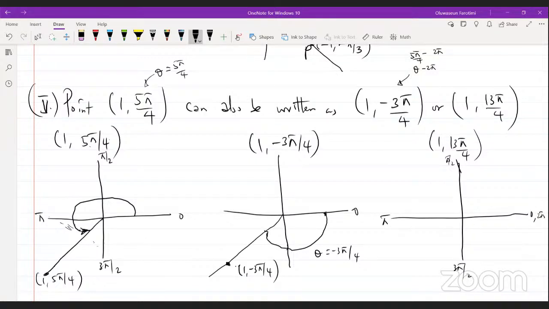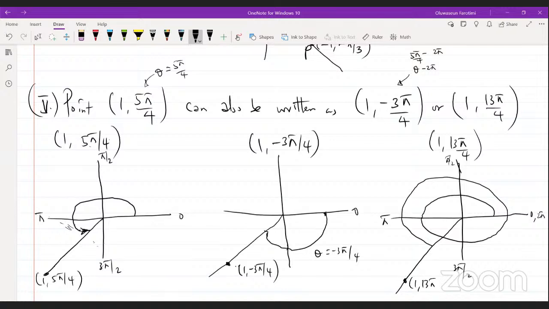But 13 pi over 4 is like 3.25 cycles. So I start from here, move a complete cycle, which is 2 pi, and keep moving until I generate 13 pi over 4.